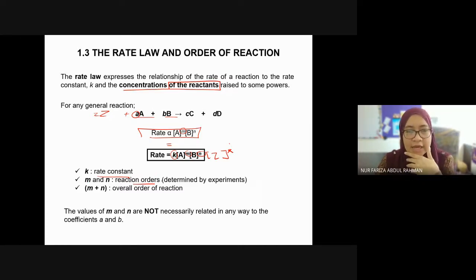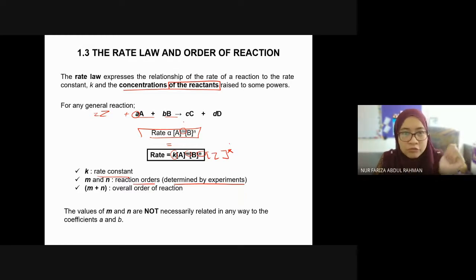So M dengan N, this one can only be determined by experiment. You cannot just simply take the value of the order from the coefficient of the balanced equation. Don't do that. This is not the same as differential rate equation last time.